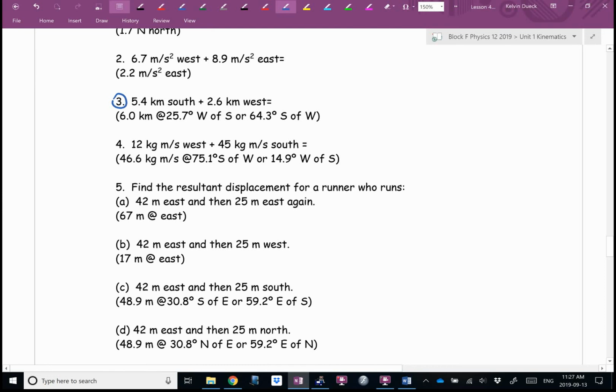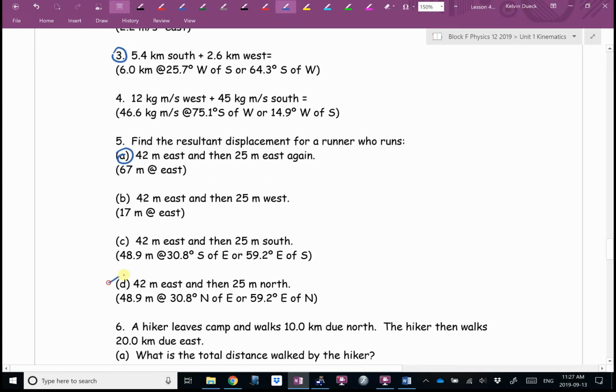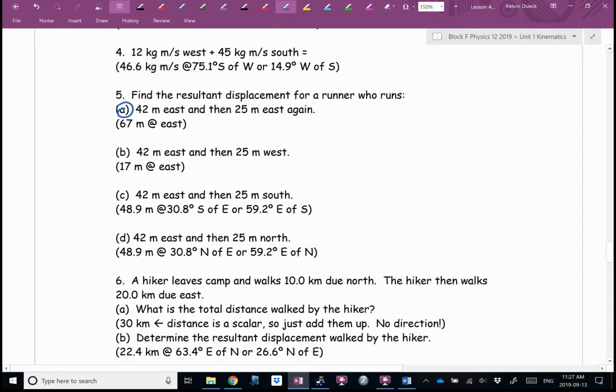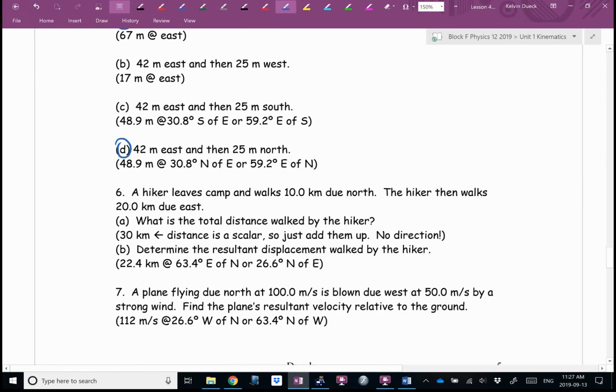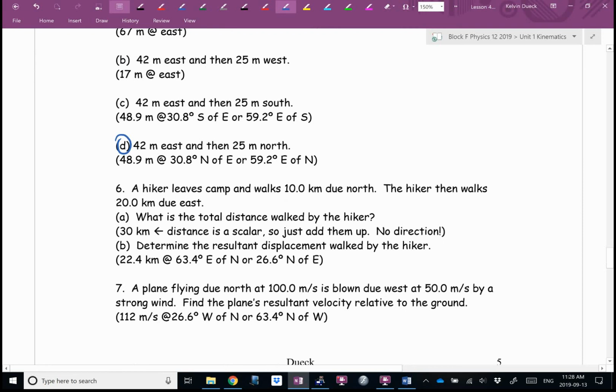Skip 4. 5, let's do A and D, we'll kind of bookend it. Seven.